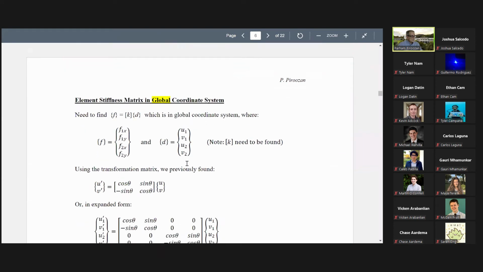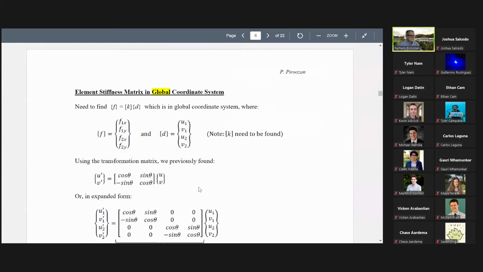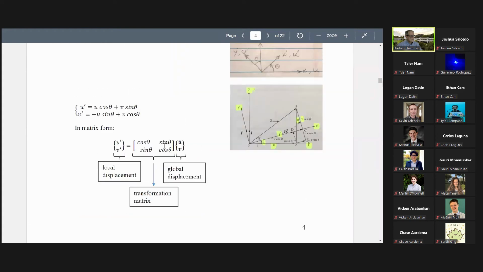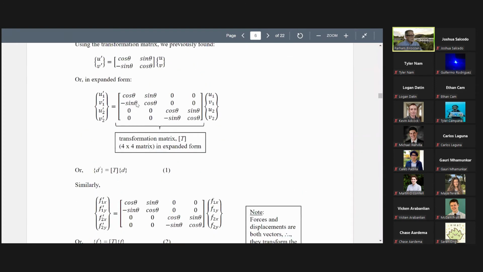So we can write it as U1 prime, V1 prime for node 1 and U2 prime, V2 prime for node 2. The same: we put this cosine, sine, negative sine, cosine here and then here. This is cosine, sine, negative sine, cosine. We put it for node 1 here and for node 2 here. This is our displacement vector.